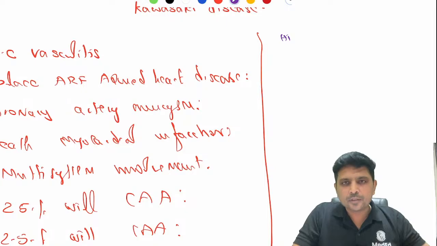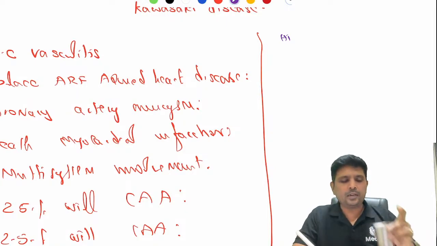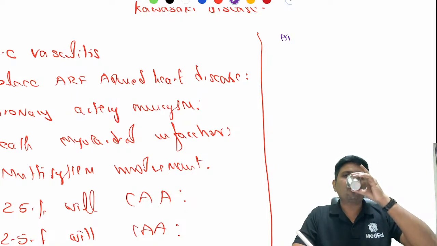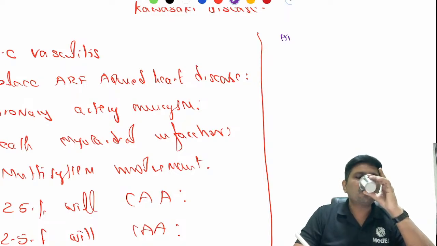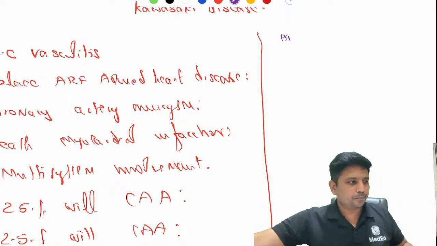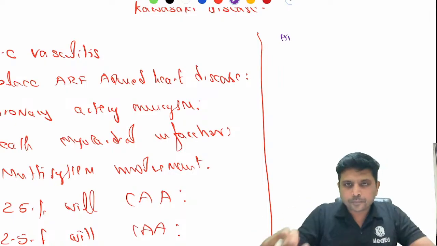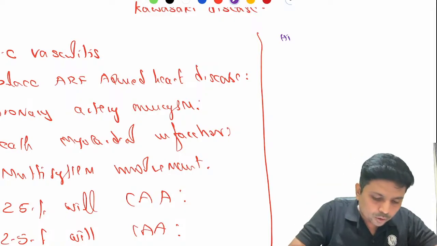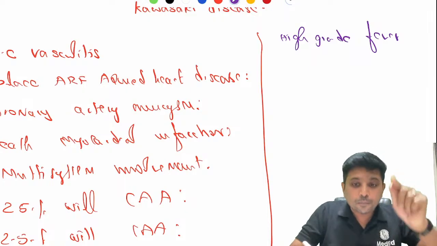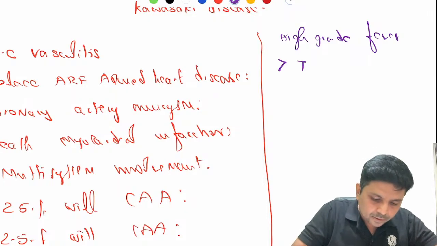So when will you suspect and how will you diagnose Kawasaki? Any infant who is brought with high grade fever of more than 5 days duration, always you need to think about Kawasaki.